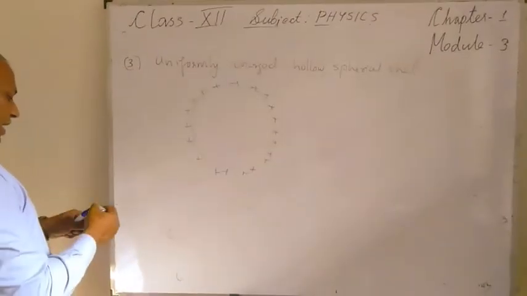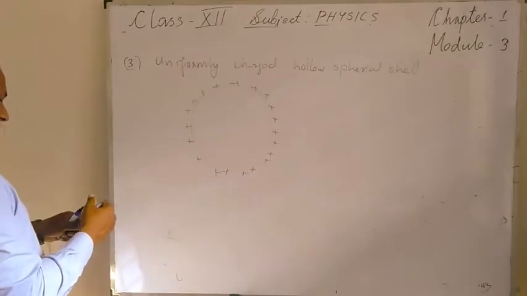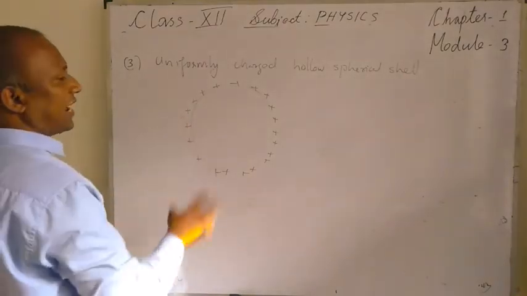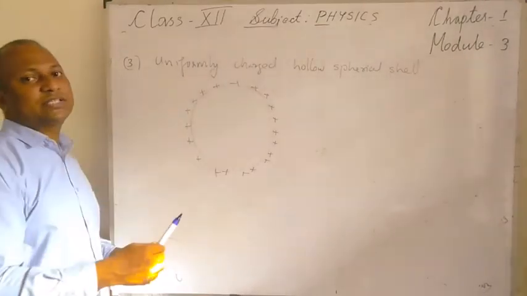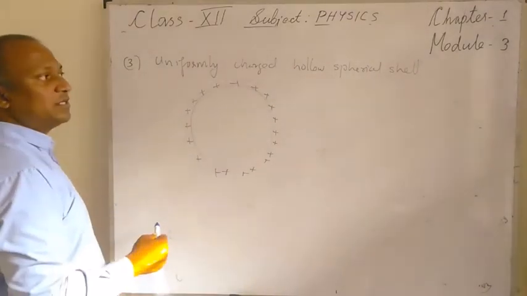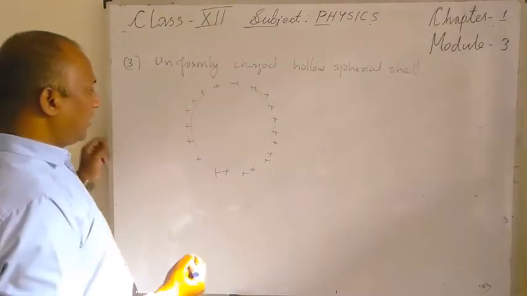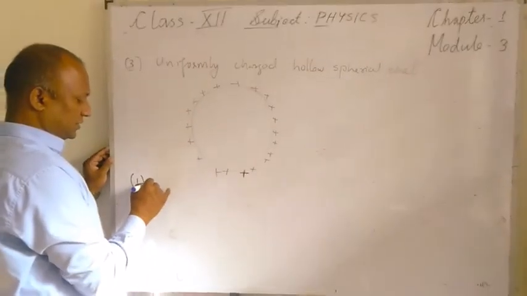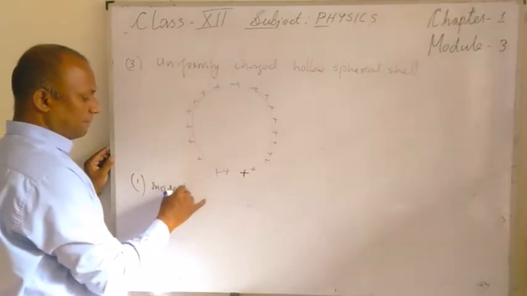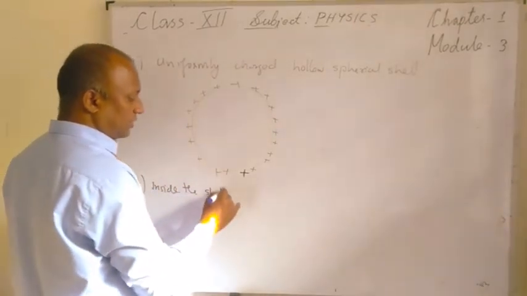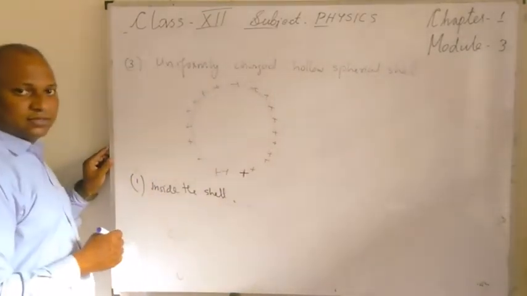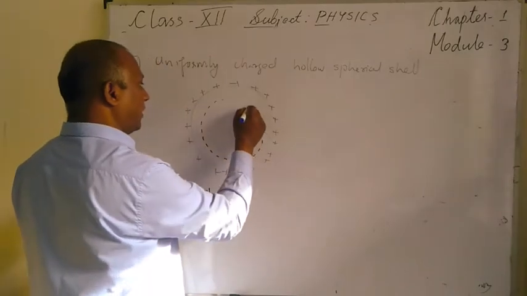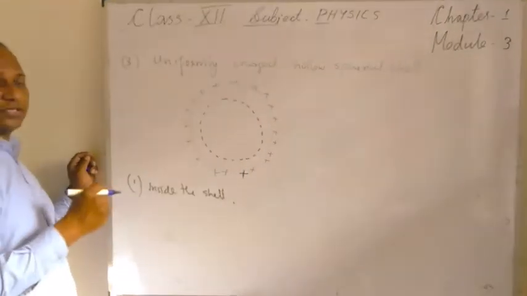So this is the given diagram. Here the hollow spherical shell is not an imaginary Gaussian surface. It is an actual surface which has actual charges on it. I am going to find first the electric field intensity inside the shell. For that I have to draw a Gaussian surface.